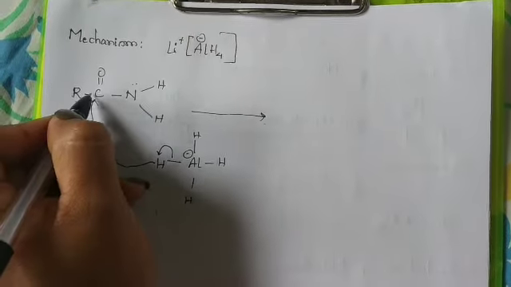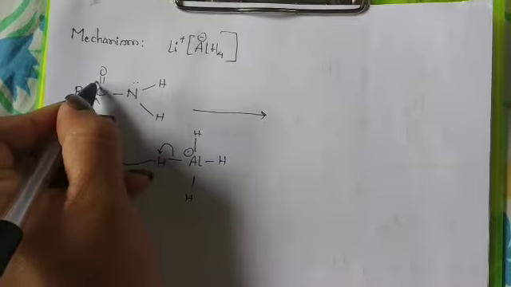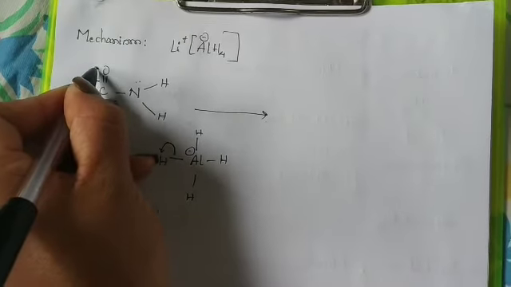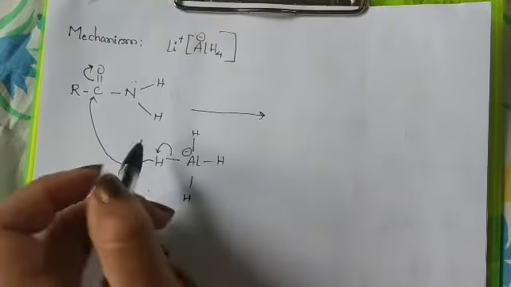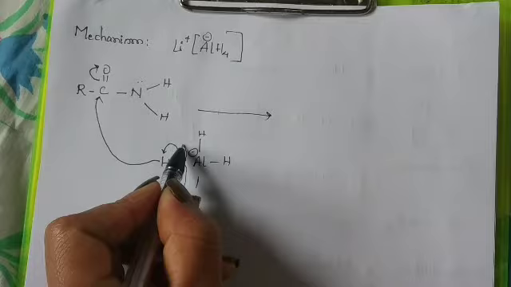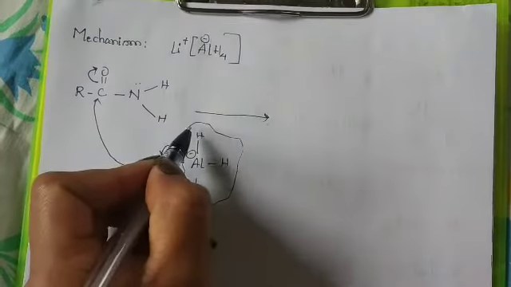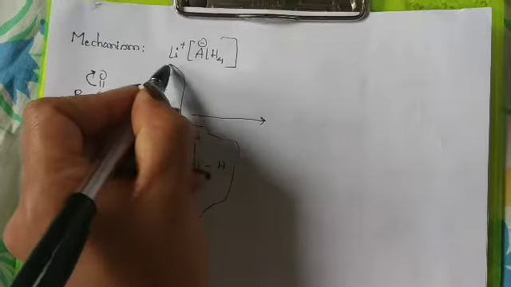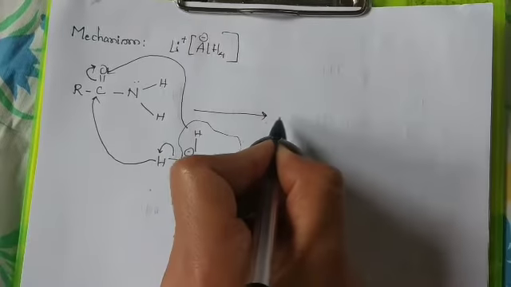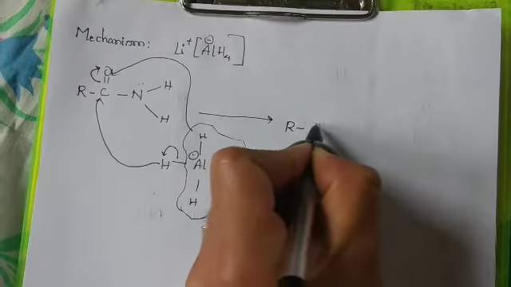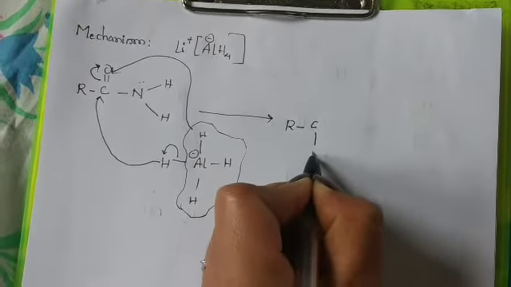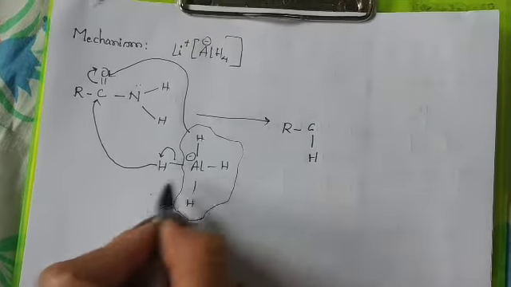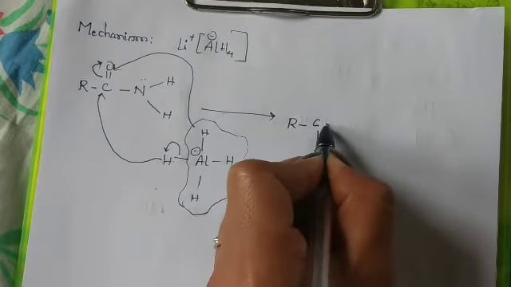Since carbon is already tetravalent, it cannot be pentavalent, therefore one bond goes here. Then this remaining group goes and adds up to this carbon atom. Therefore, our structure would be: the hydrogen goes and adds up here.